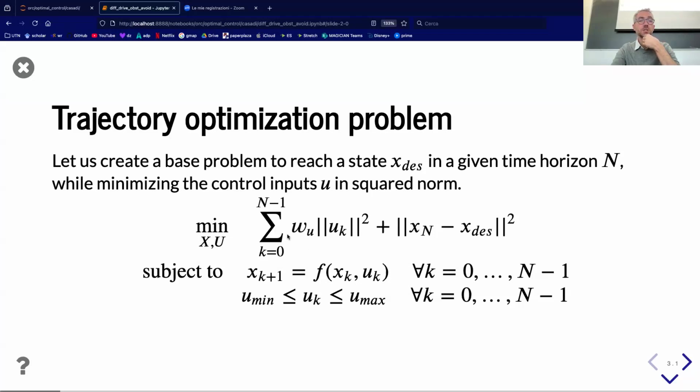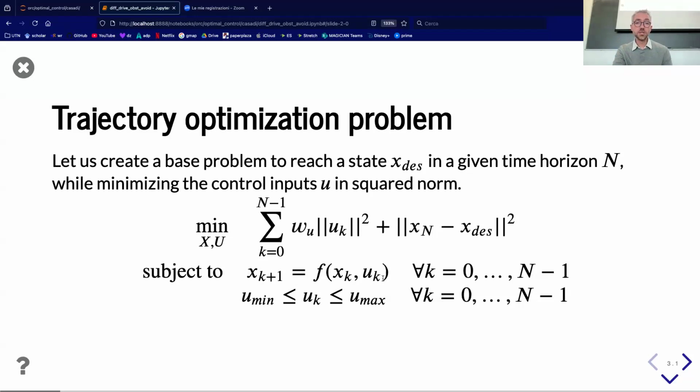And the running cost is simply penalizing the use of the control inputs, which is always a good idea, regardless of whether you care about it or not. Having some quadratic penalties on the control input is always good because it acts as a regularizer for the optimization problem and makes convergence easier. So I always have it in my control problem.